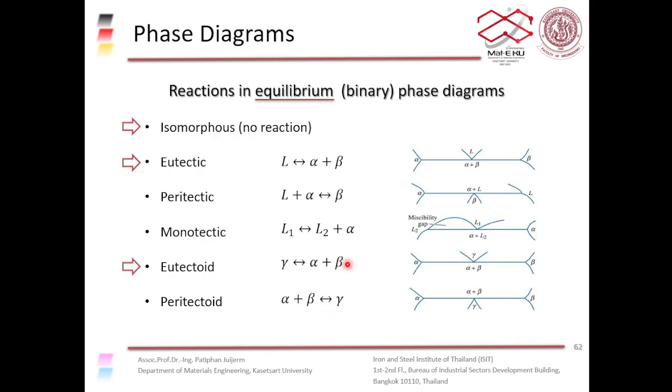In metals, mostly we are concerning ourselves with isomorphous, eutectic, and eutectoid. It doesn't mean that there are no other reactions in the systems that we want to look at, but the more important reactions are these: eutectic, eutectoid, and isomorphous.